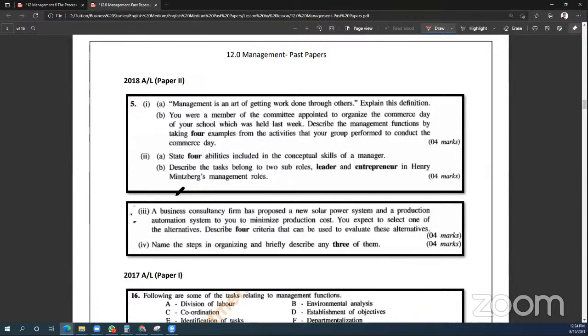The management is an art of getting work done through others. Mary Parker Follett ended up with this one. Explain this definition, right? You can always say that this was stated by Mary Parker Follett, and then what it means.